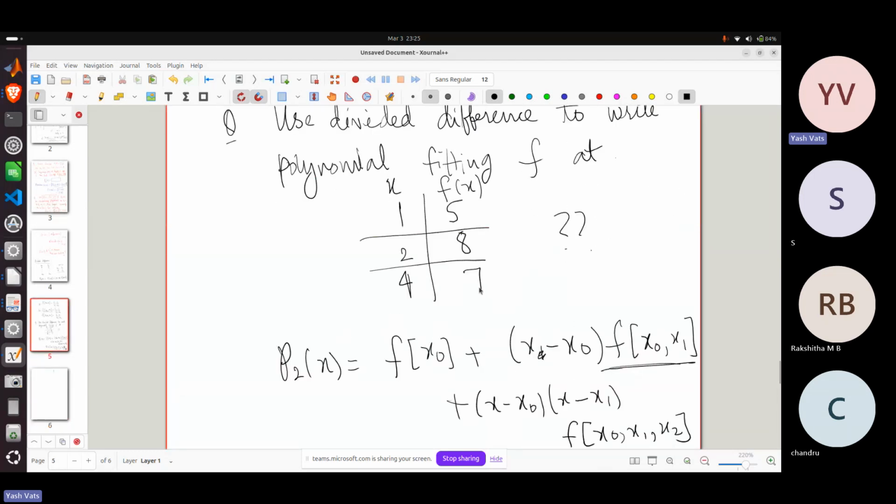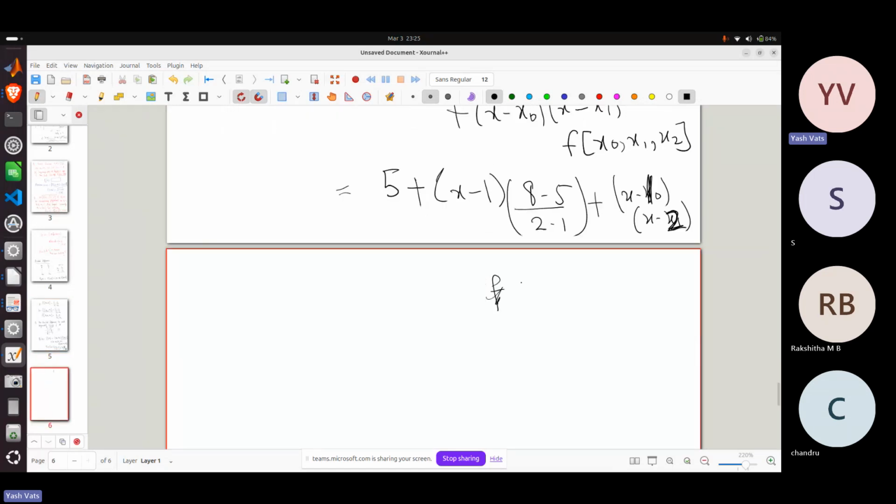It is basically 7 minus 8 divided by 4 minus 2. So I just write (7 minus 8)/(4 minus 2) minus (8 minus 5)/(2 minus 1), and overall divided by 4 minus 1. Okay, this is the whole expression. Once you solve it, then you will get the expression of this.